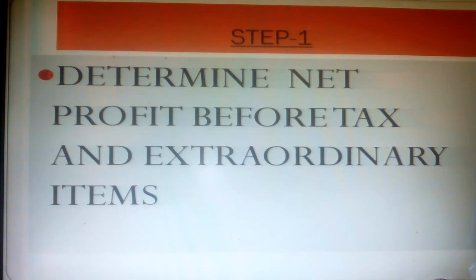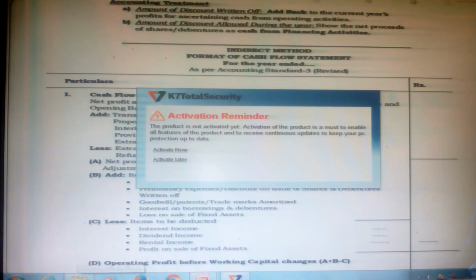Step 1, determine net profit before tax and extraordinary items. First of all, this is the format of the cash flow statement up to the operating profit before working capital changes. In cash flow from operating activities, we add net profit as per the profit and loss account, or the difference between closing balance and opening balance of the profit and loss account.